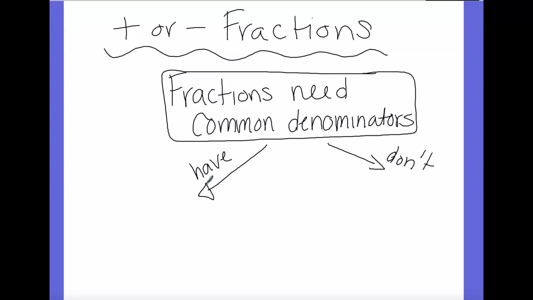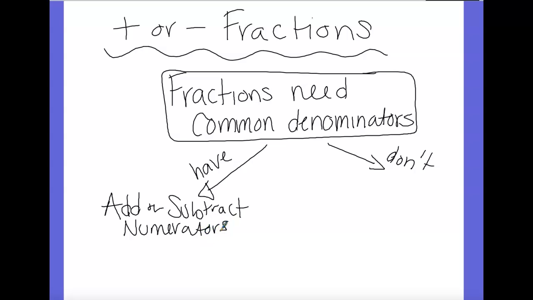If you have common denominators, we add or subtract, depending on which operation it is, the numerators. Once you add or subtract the numerators, what happens to the denominator? Okay, so I would put that in there: denominator stays the same.